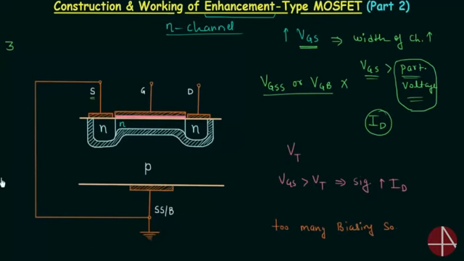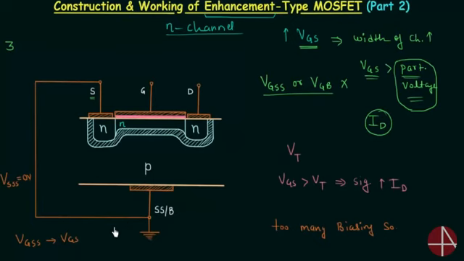So we can write VSS equal to 0 volt. They are on the same potential, and we can also represent VGSS as VGS because S and SS are on the same potential. So I think this point is clear to you.